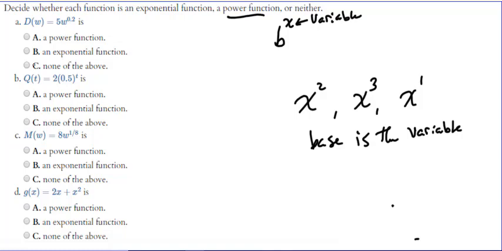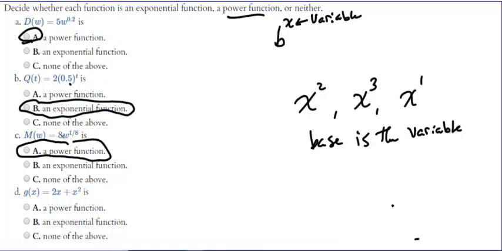So let's look at this. W, yep, it's a power. See that variable is down in the base. All right, this one is exponential because the base is 0.5 and the power's up in the exponent. Power function because the base is a variable, and then this one is also a, yeah, I'm pretty sure it's power.